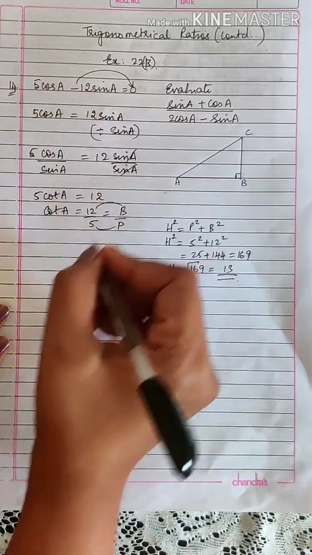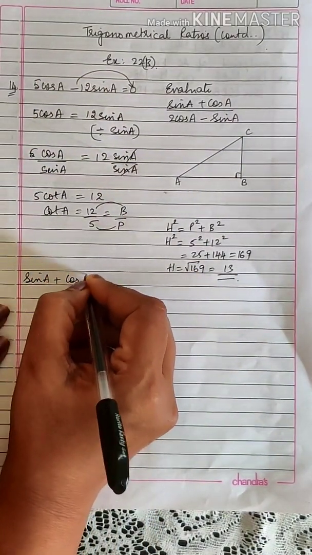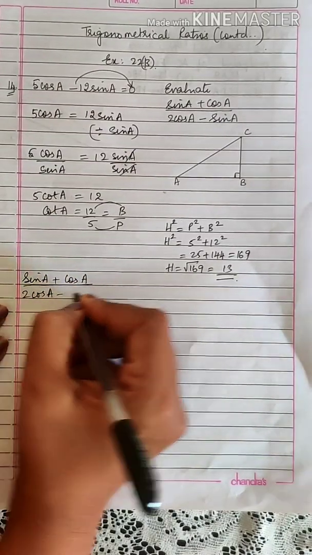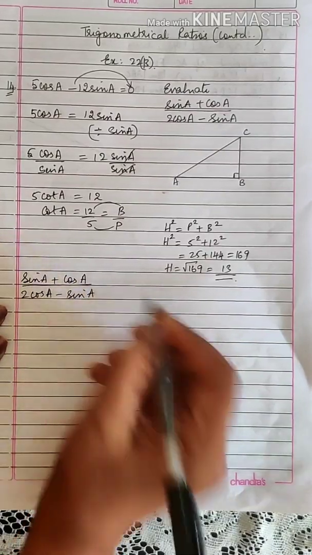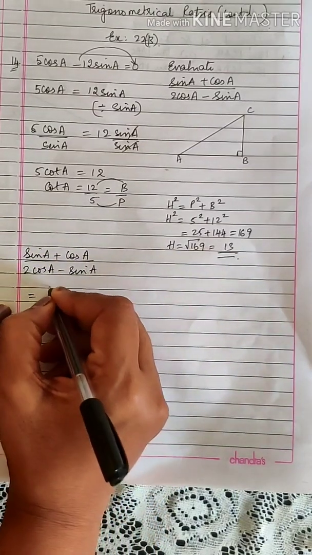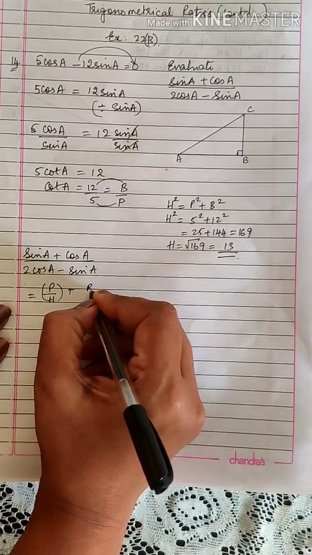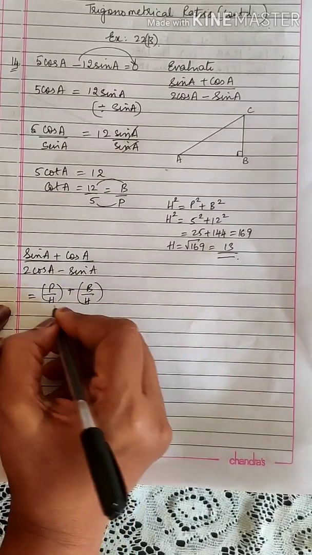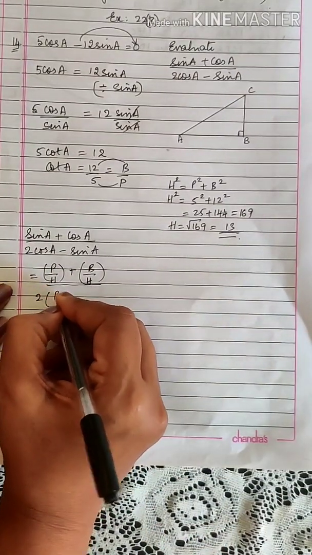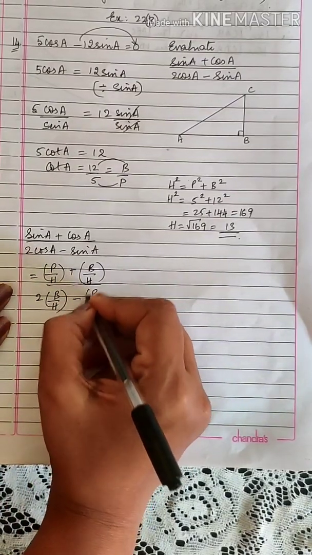Now your expression which you have to solve is sin A plus cos A upon 2 cos A minus sin A. So what is sin A? Sin A is perpendicular by hypotenuse plus base by hypotenuse, which is the ratio for cos, upon 2 of base by hypotenuse minus perpendicular by hypotenuse.